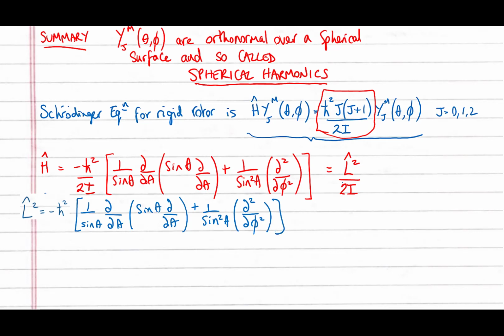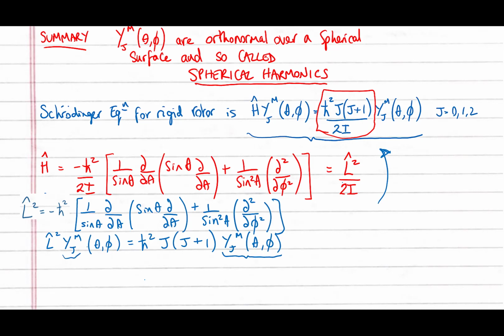So actually what this means is that these spherical harmonics that are eigenfunctions for the Hamiltonian operator are going to be eigenfunctions for the operator of angular momentum squared. So it turns out that because of this, if we look at this expression up here, we can start to recognize that indeed this Y function is also an eigenfunction.